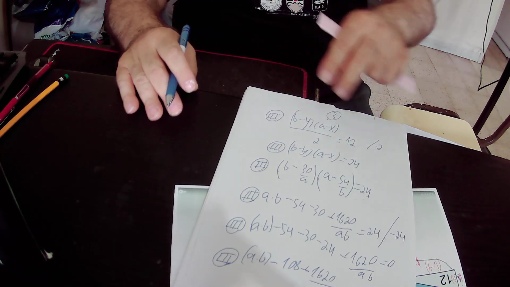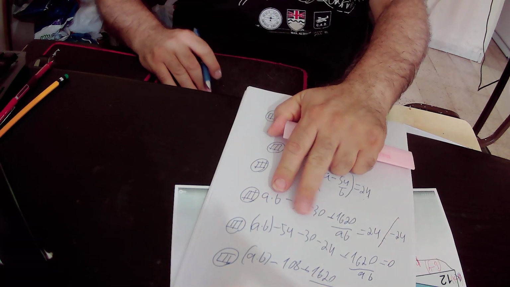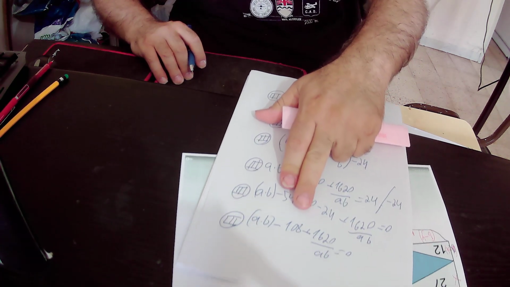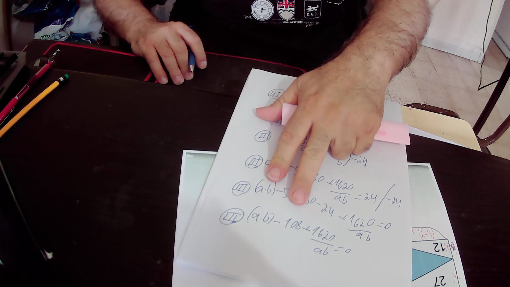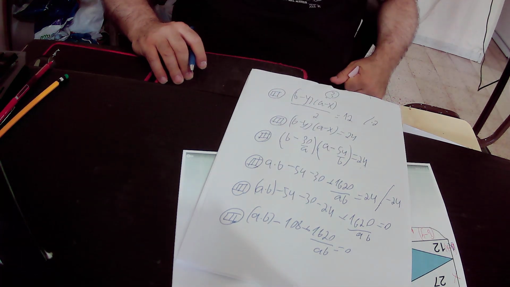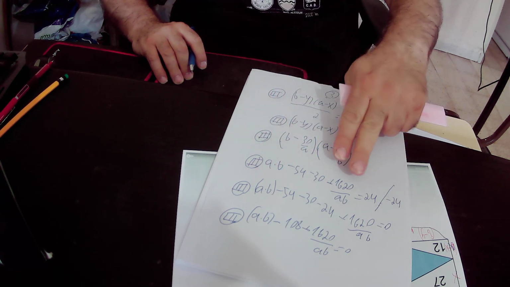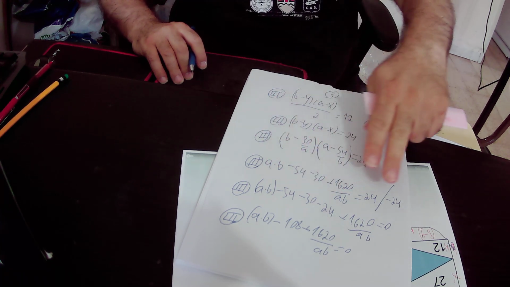As I already told you, negative 54, negative 30, negative 24 equals negative 108, and the rest is the same as here.